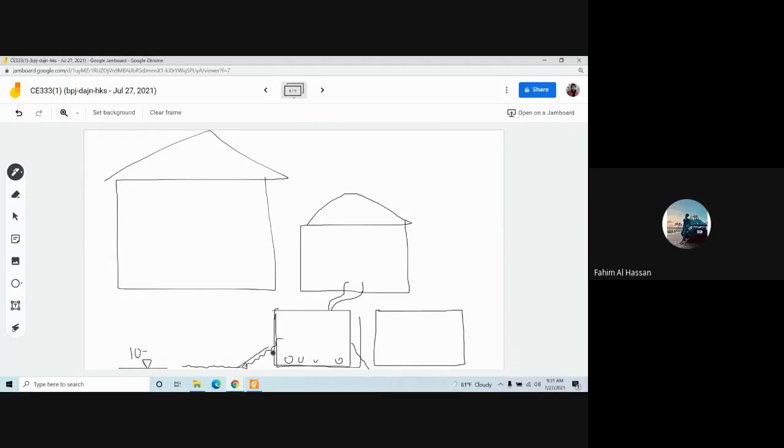Now, what happened to the solid waste? This solid waste will eventually accumulate here, right? And at some time, it will be filled, right? So, what will you do in that case?